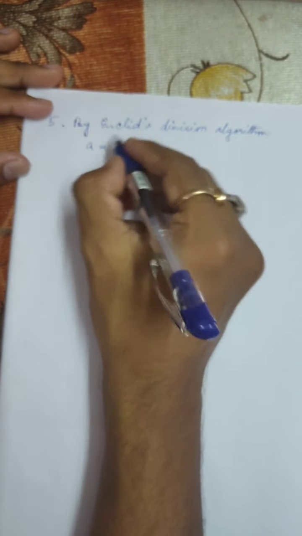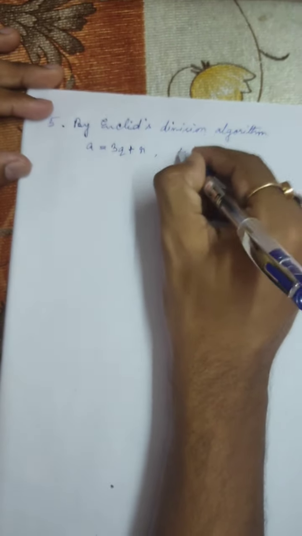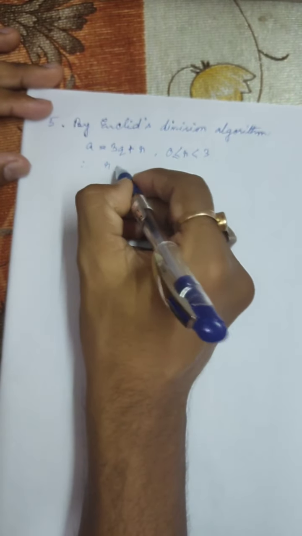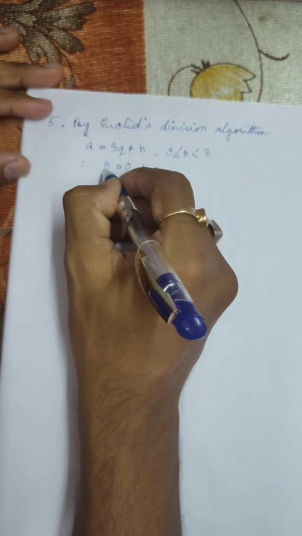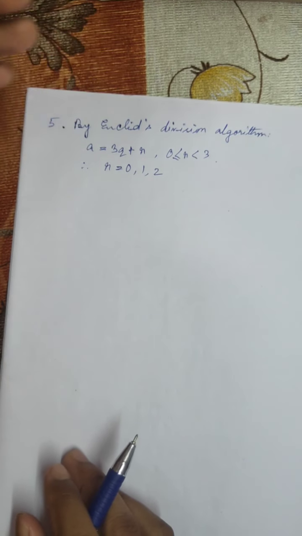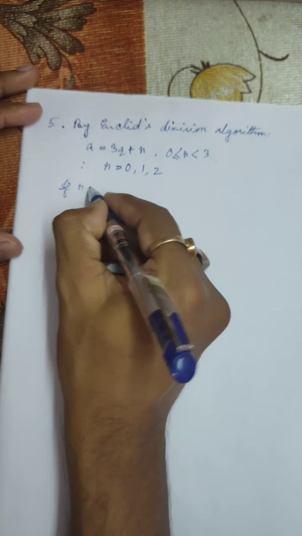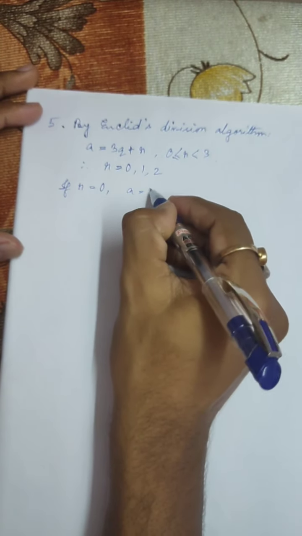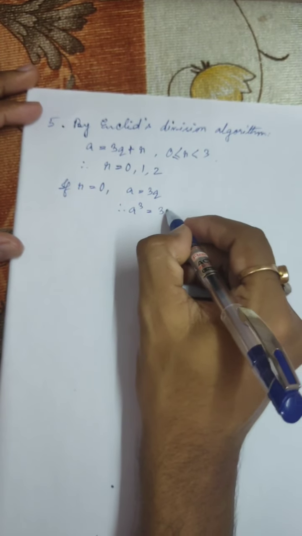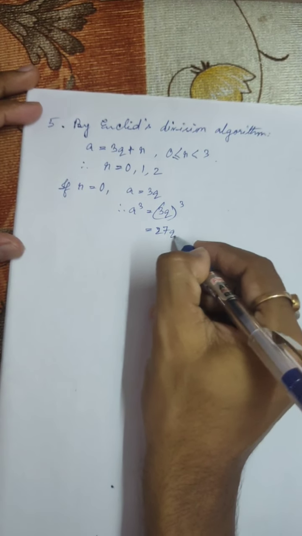a equal to 3q plus r, where r is greater than or equal to 0 and less than 3. Therefore r equal to 0, 1, 2. We have considered the value of b as 3 here. So if r equal to 0, then a equal to 3q. Therefore the value of a cube will be 27q cube.